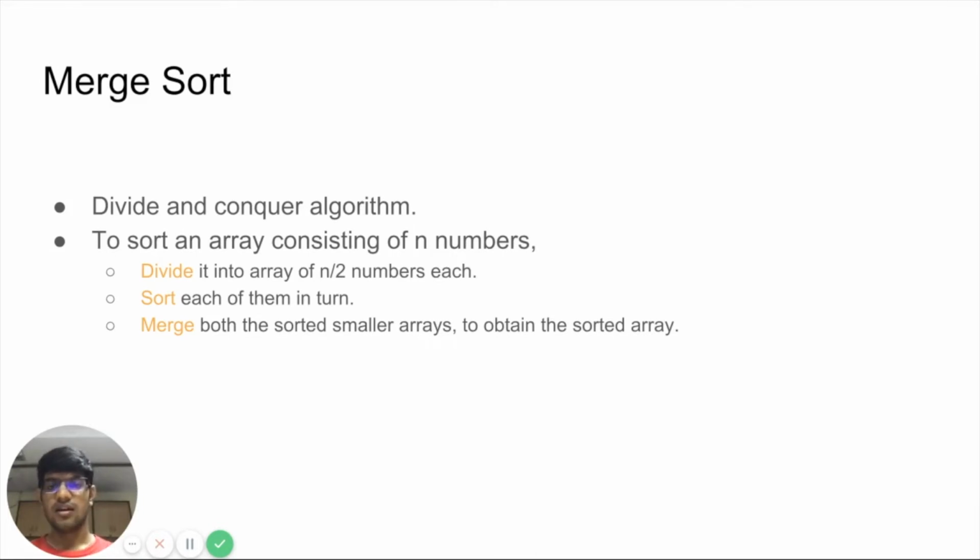This is where we are solving the subproblems. On doing so, we will obtain two sorted subarrays of n by 2 elements each. The last step involves merging both the smaller subarrays to obtain a larger sorted array. In this way, merge sort is a divide and conquer algorithm.